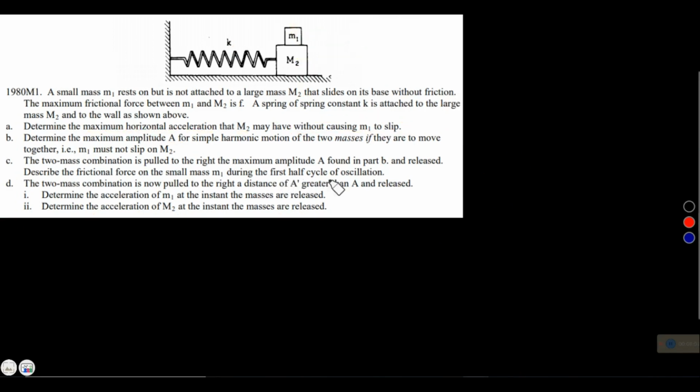See, for this, let us suppose this is mass m2 and this is mass m1 and we have extended till here, and let us suppose this is that maximum displacement.